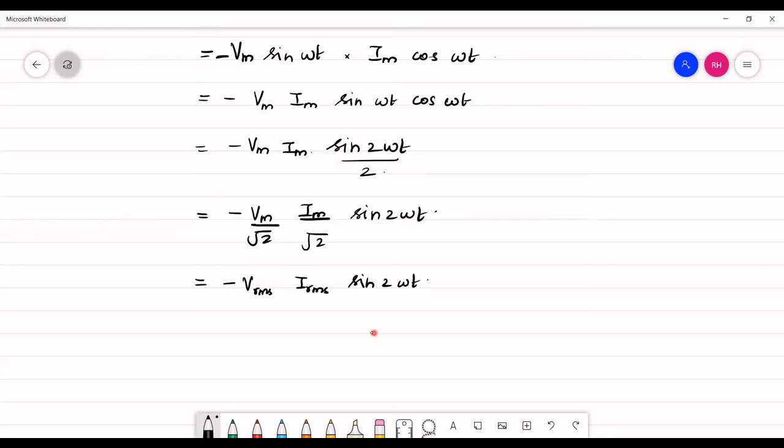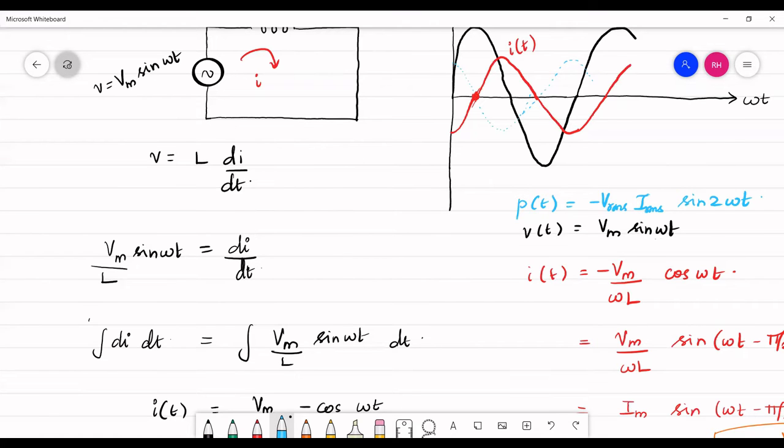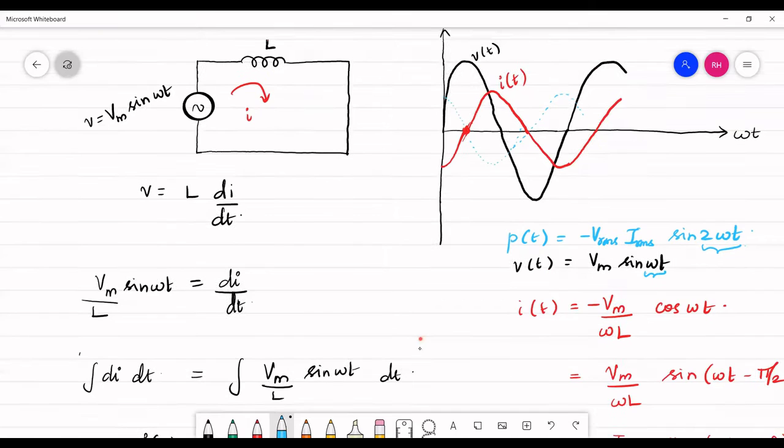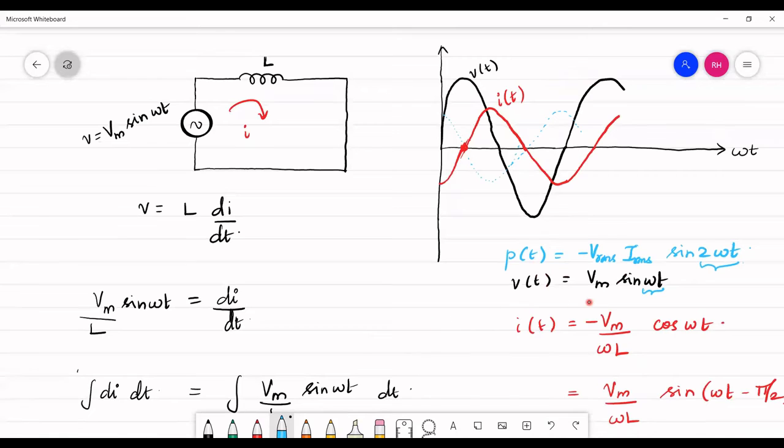Now let us trace this waveform. Within a period where my voltage waveform completes one complete cycle, the power waveform is going to complete 2 cycles. The waveform is going to be minus sine, so it is going to be the inverse of the sine waveform.